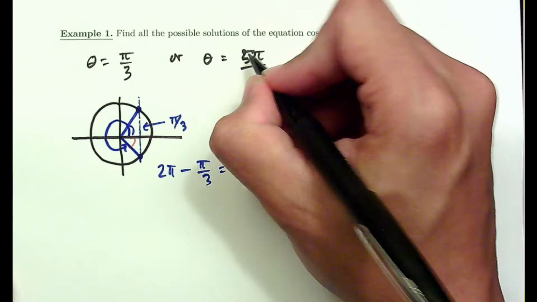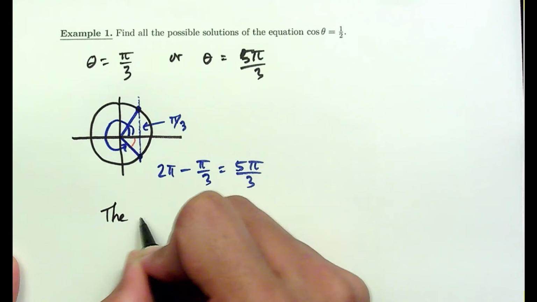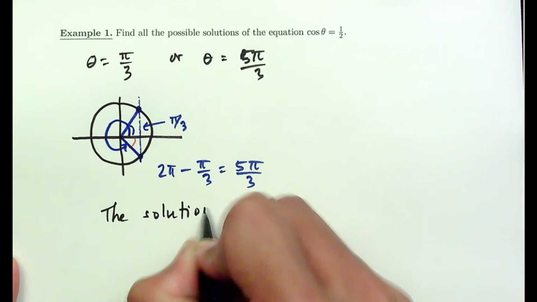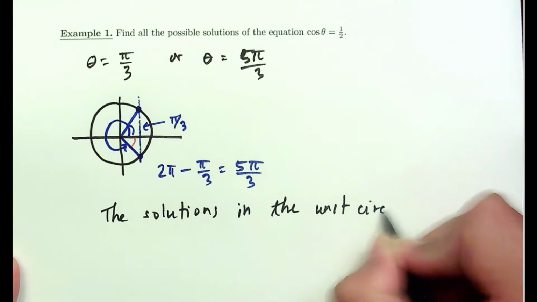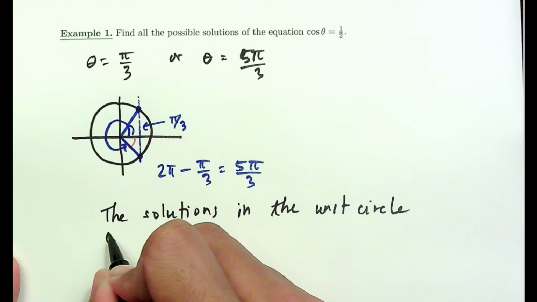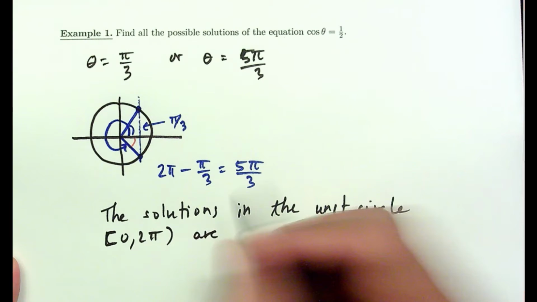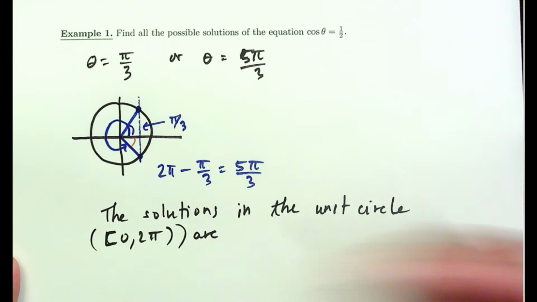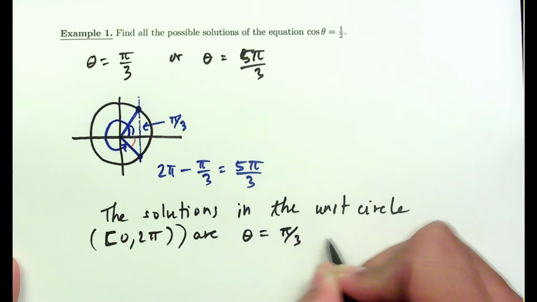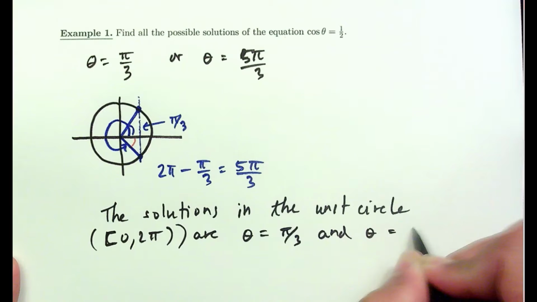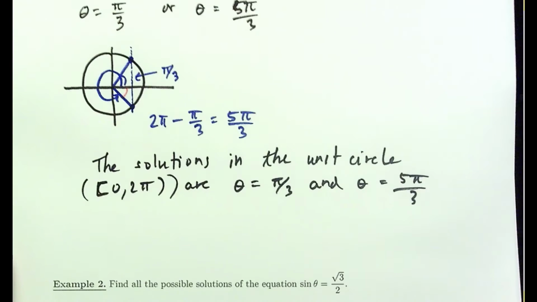Okay, so these two are the solutions. So the solutions in the unit circle, namely between 0 and 2 pi, okay, that's what that means, are pi over 3 and 5 pi over 3. Okay, so that's the solution in the unit circle.